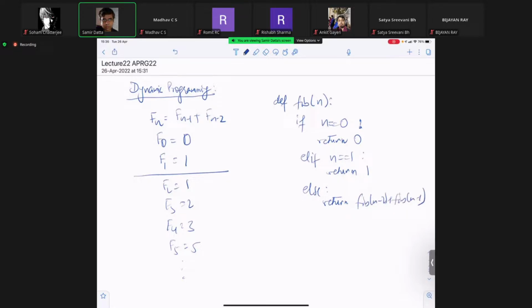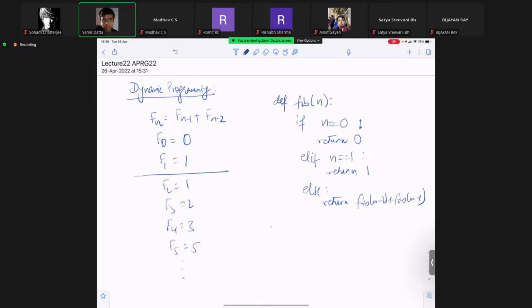Now, what is the complexity of this function? Tell me. How much time would it take to compute the function? Exponential time. Why is it exponential time?